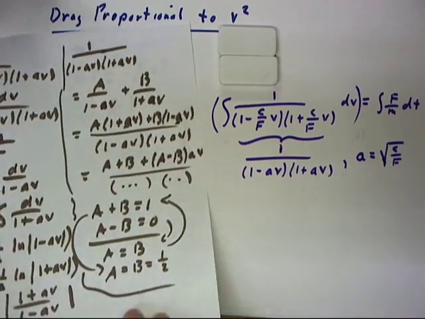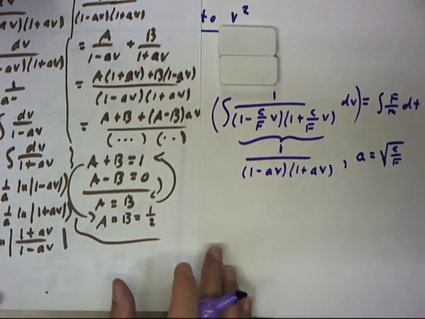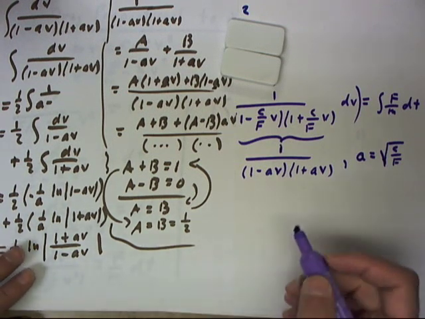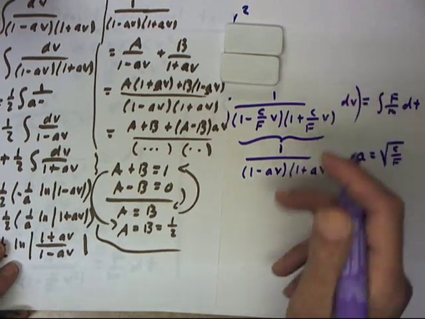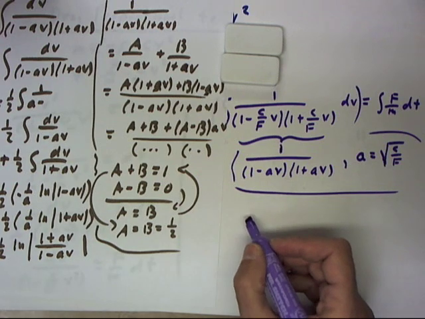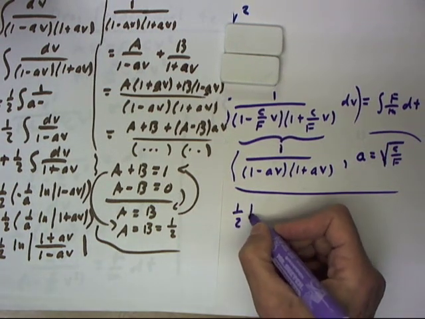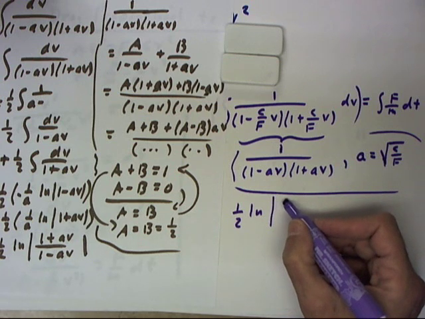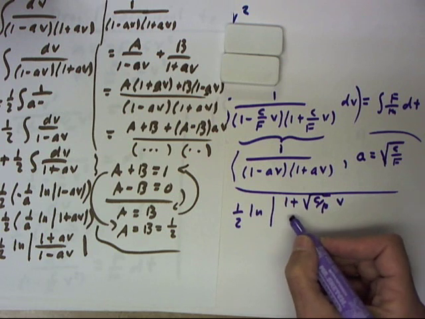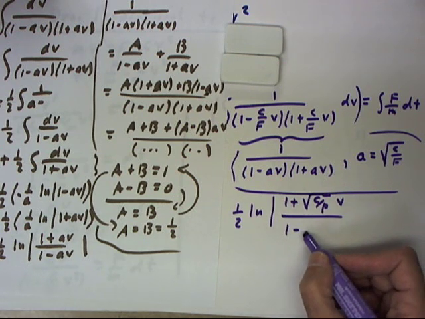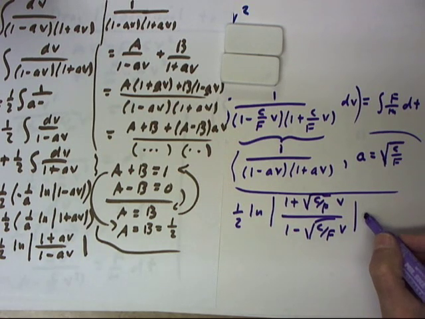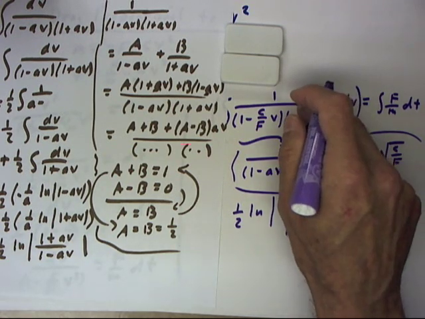The result for the integral, we recall, was 1/2 natural log of 1 plus AV over 1 minus AV, so that the left-hand side of our integral becomes 1/2 the natural log of the absolute value of 1 plus the square root of C over F V divided by 1 minus the square root of C over F V. This will be the integral on the left-hand side.